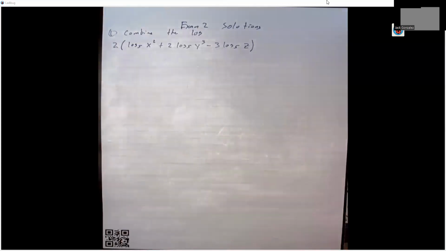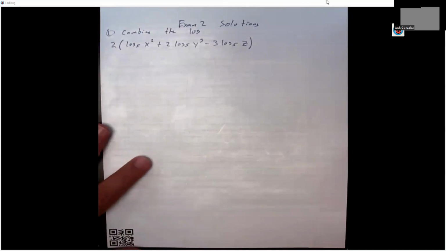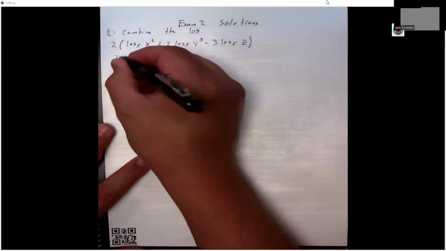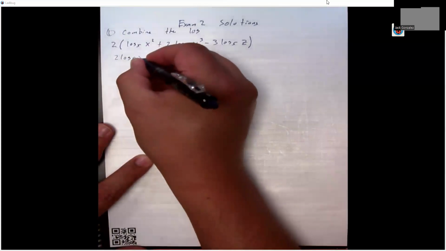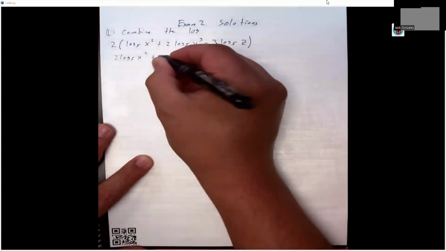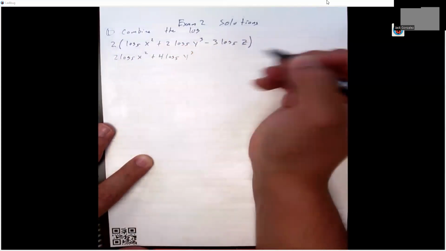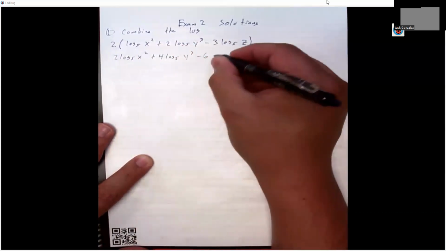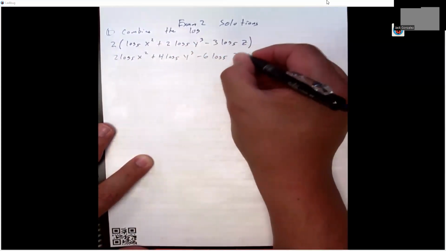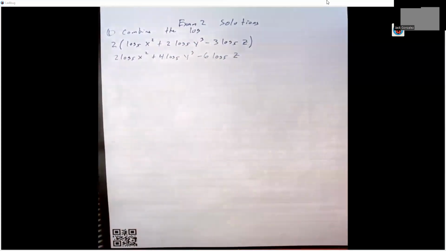Once the powers are on the top, you start combining the logs themselves. So multiply the 2 on every single term: 2 times 1, 2 times 2, 2 times 3.